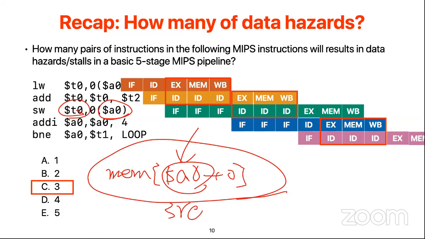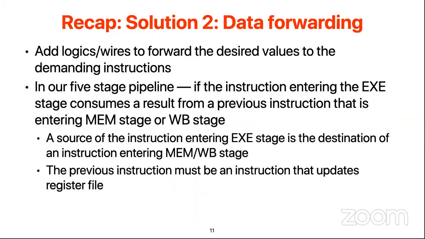All right. If you look at the original pipeline design without data forwarding, every data dependency here would become a data hazard. So we talk about data forwarding. The basic idea is that as long as the value is ready, we can let the later instruction use it.